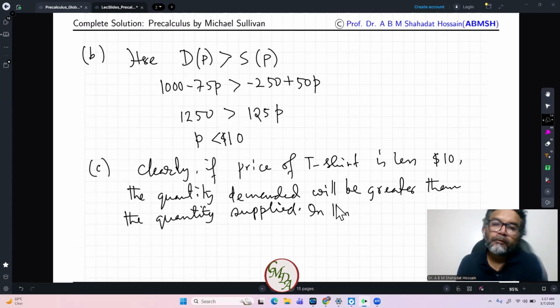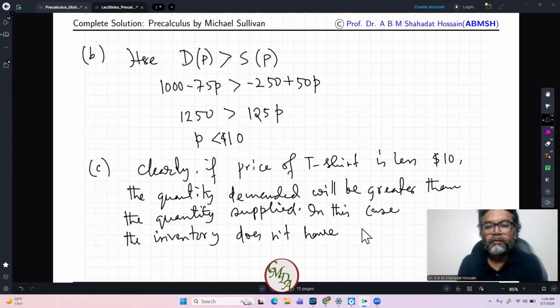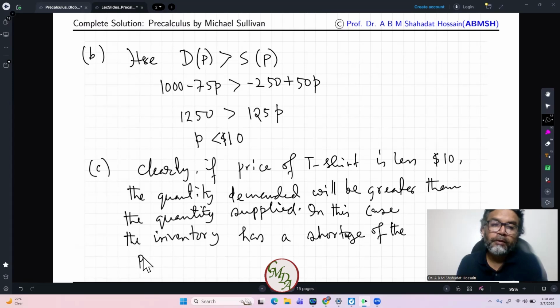In this case, the inventory does not have X. Or we can say the inventory has a shortage of the product.